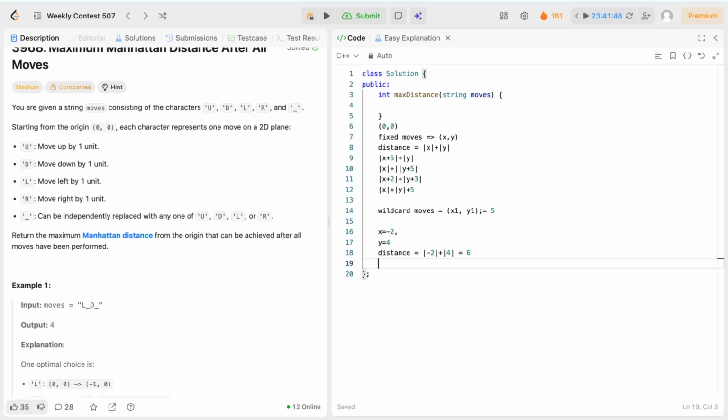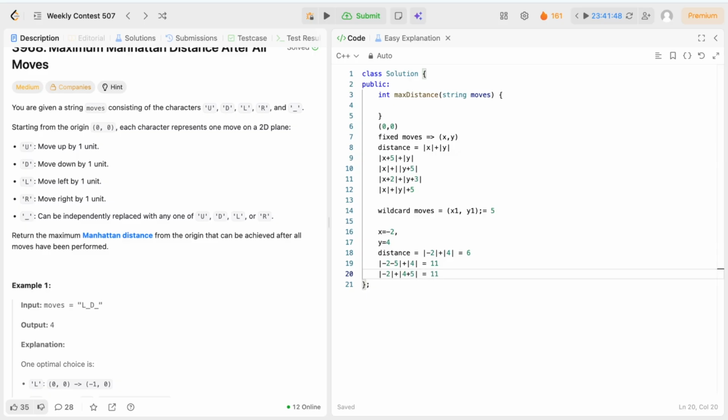In that condition, if I add in x, it will be -2 -5 and 4, or it will be 11. Or what I can do, -2 plus 4 means 4 units above the origin in the upper direction. So I can add 5 U's, 4 plus 5 equal to 11.